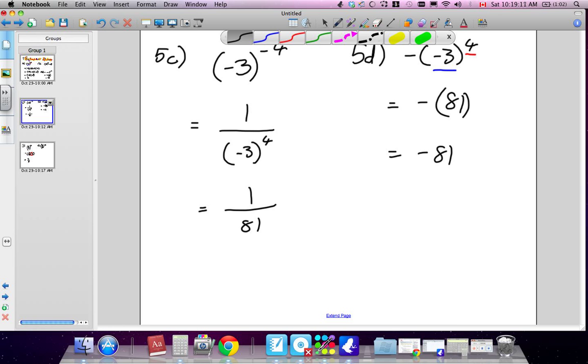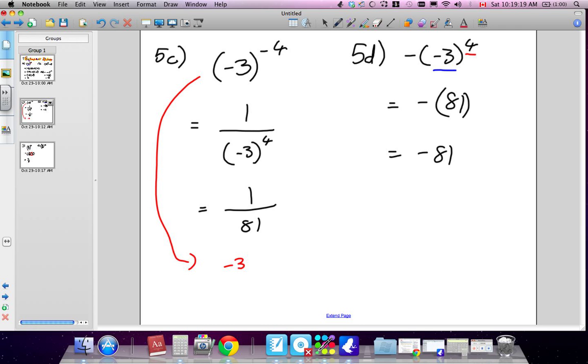You notice I just all of a sudden created a 1 out of nowhere? Technically, what is negative 3 as a fraction? Negative 3 over 1. Yeah. So, to make the exponent positive, all I did was flip my fraction. I got 1 over negative 3 to the power of 4.